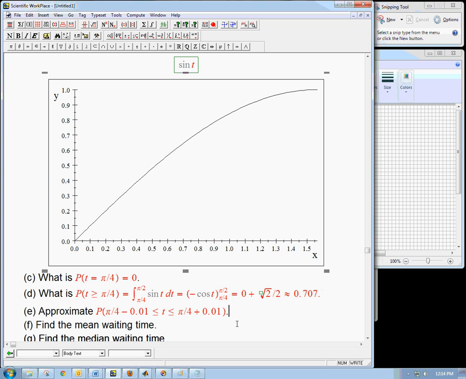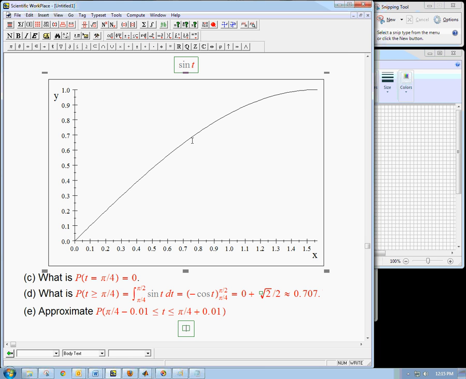And I want to get at the issue of, okay, what does the probability density function actually measure? Is it this weird thing that I can't really interpret directly and I always have to integrate it? Not really. Because if I'm going to approximate that, well, that's the area under this curve near pi over 4. It's right in the middle, with a width of 2 times 0.01.